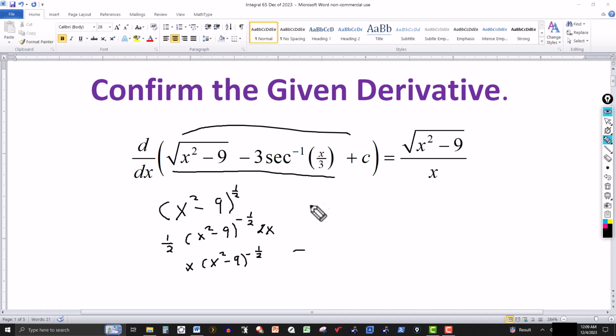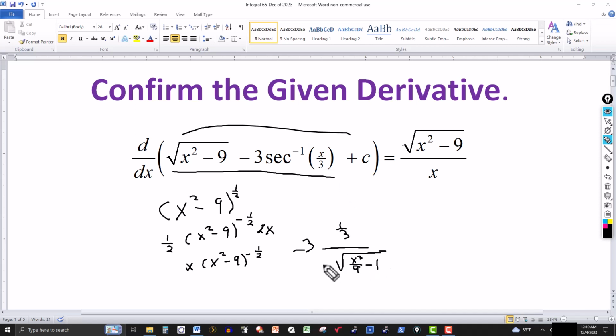And we got the minus 3, and then we're taking the derivative of the inverse secant of x over 3. The constant comes along for the ride, so we'll have the minus 3 here. For the derivative of secant inverse of x over 3, the derivative of x over 3 is 1/3, and then it's over x over 3 times the square root of x over 3 squared, which would be x squared over 9, minus 1.